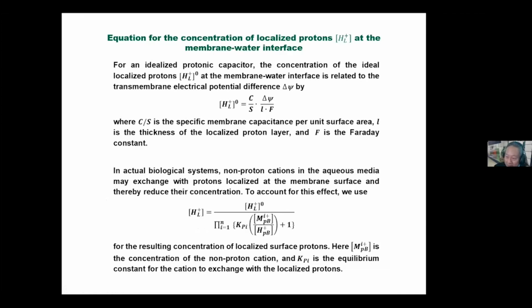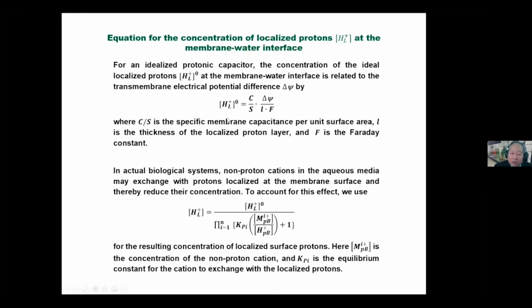When we understand capacitance, we basically borrow the well-known capacitance equation. So for the concentration of the local proton, I put a 0 here. 0 means like in a pure water system, just like an ideal gas. So let's start from simple, not consider salt. We'll consider salt effect later. Otherwise, it's too many things to think through.